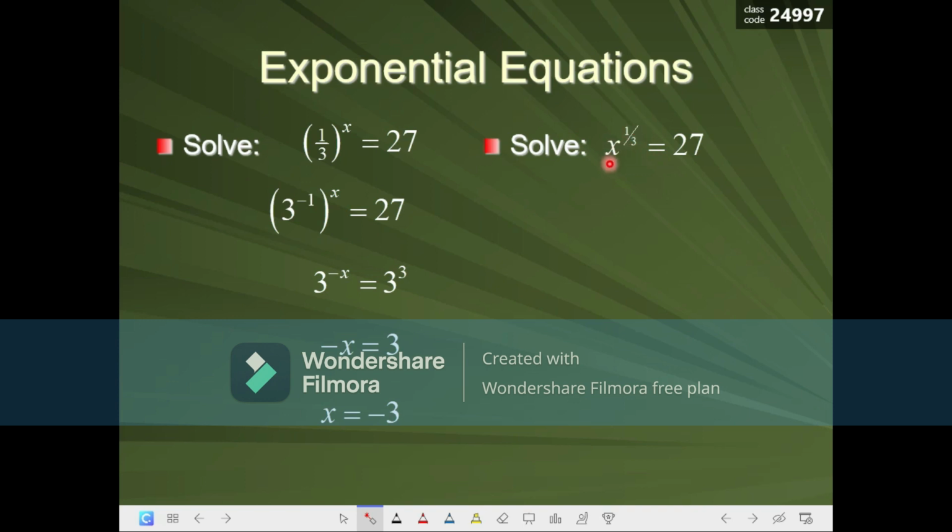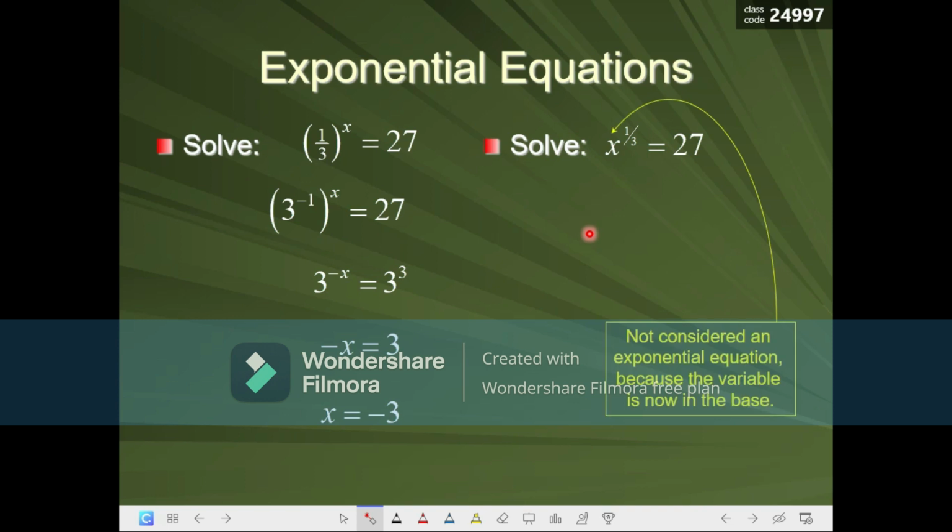Here, the variable is in the base. But anyway, I want you to still know how to solve this one, just in case you catch yourself in this kind of problem. So again, it's not considered an exponential equation because the variable is now in the base.